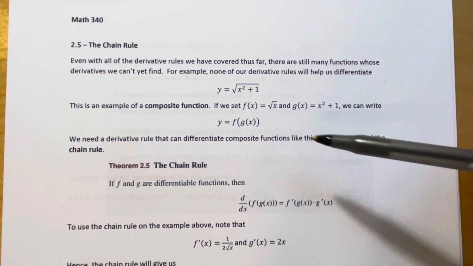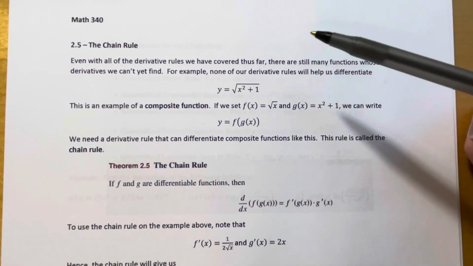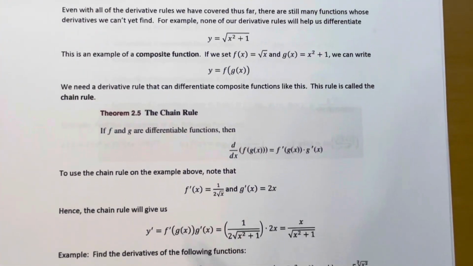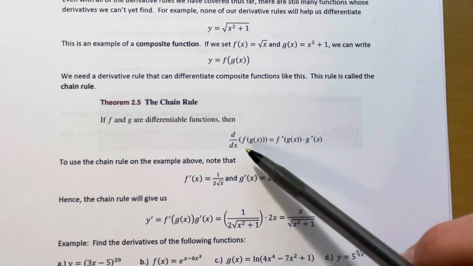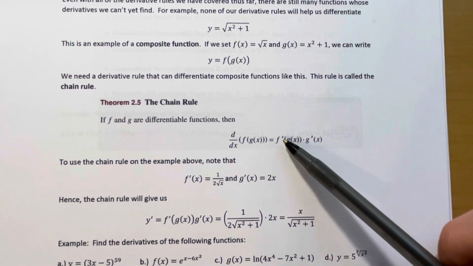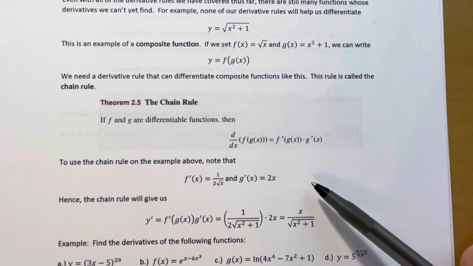Now, composite functions, provided that f and g are differentiable functions, can always be differentiated using the chain rule, which looks like this. If I want to take the derivative of f of g of x, that's equal to f prime of g of x times g prime of x.